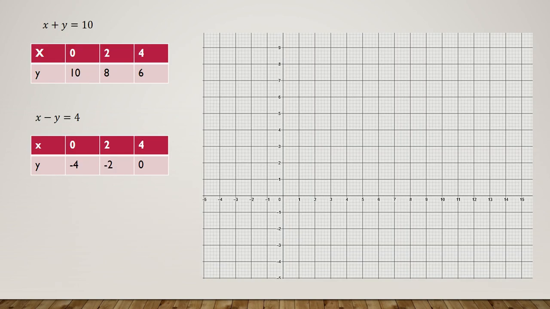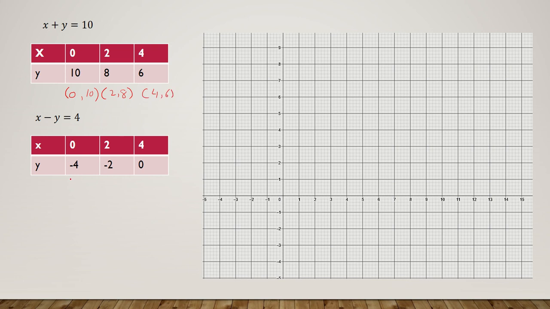Okay. So now we have a grid and we have to plot these coordinates. Let's start with the first one, 0, 10. Now if you look at the table of values, these values make coordinate pairs: 0, 10; 2, 8; 4, 6.